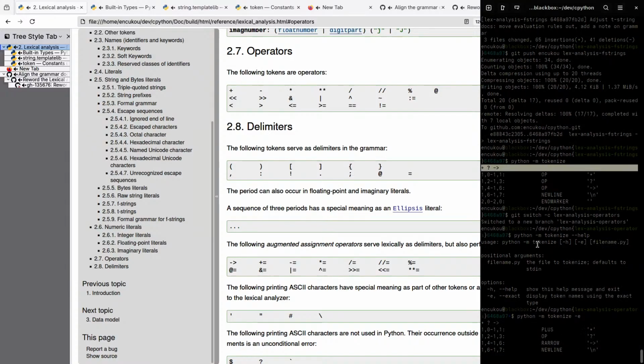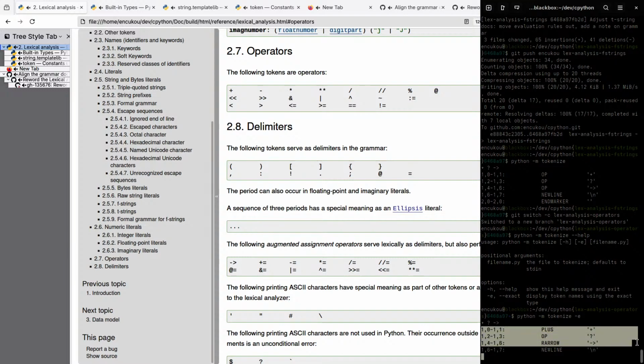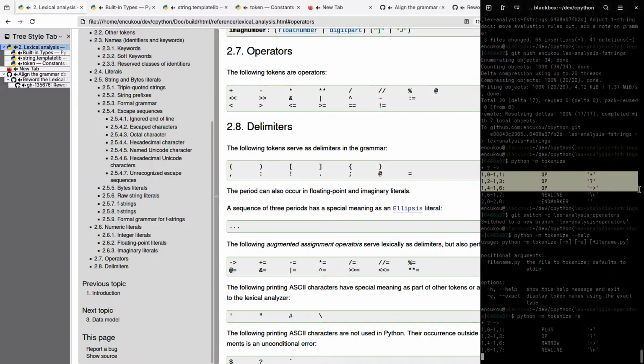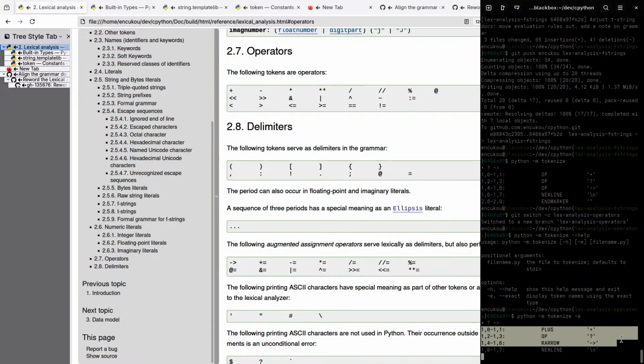If you do this in exact mode, you actually get plus and right arrow. This is the mode the parser uses internally. This is the backwards compatibility mode, because the tokenize module is public API and people expect that it behaves a certain way. So by default it gives you input for the old parser. You need to use the flag to get the input for the new parser.